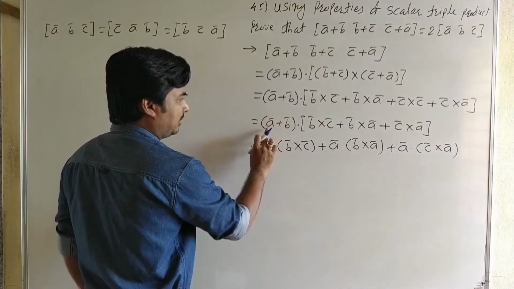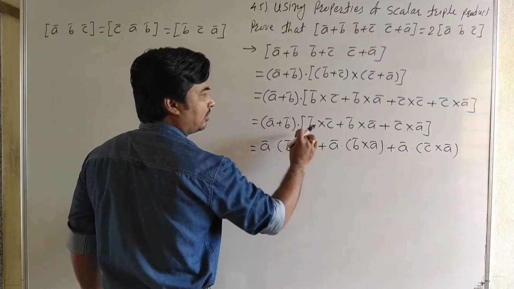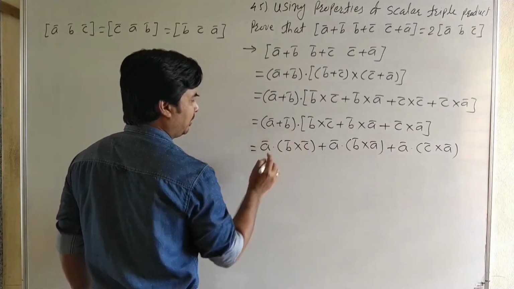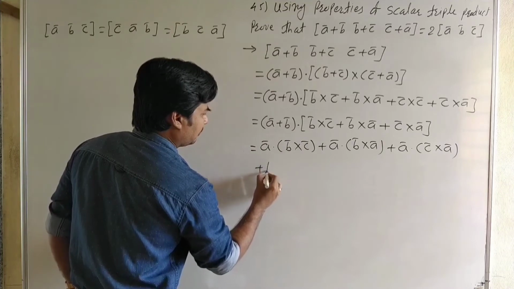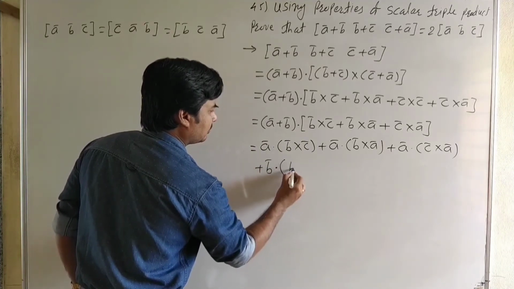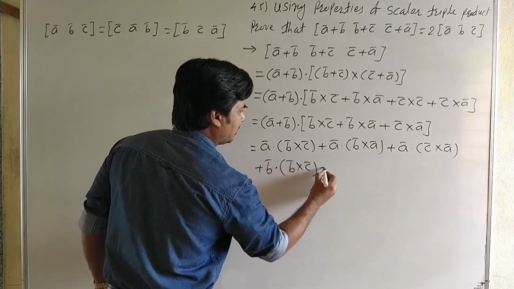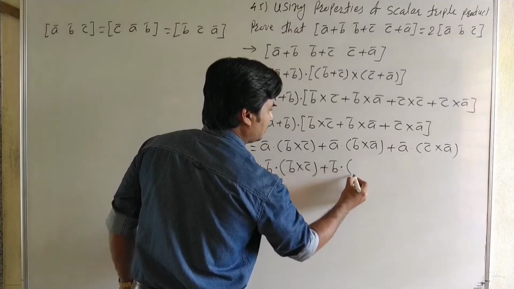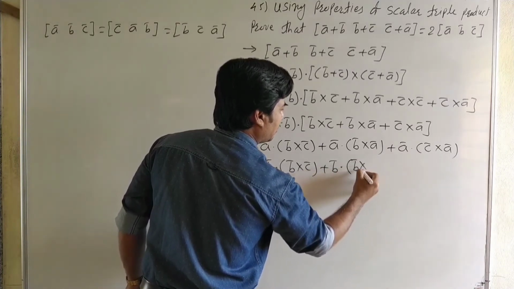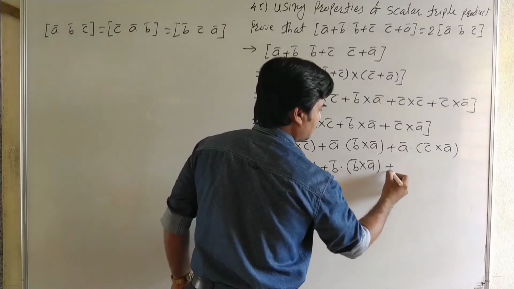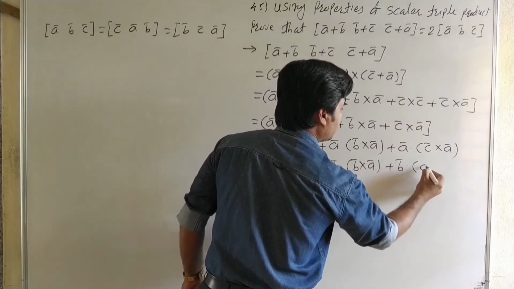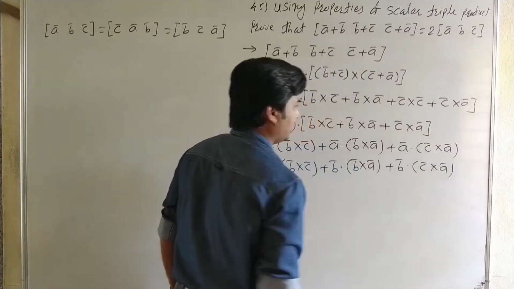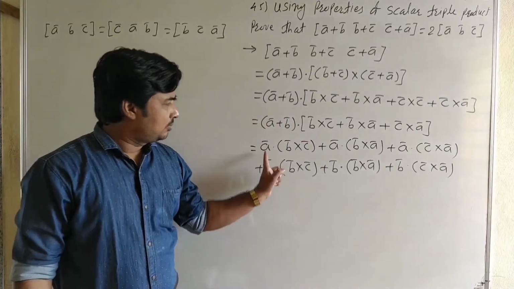Multiply with a bar, that is the product with a bar of these three terms, then the product with b bar: plus b bar dot b bar cross c bar plus b bar dot b bar cross a bar plus b bar dot c bar cross a bar. See carefully, simple multiplication.